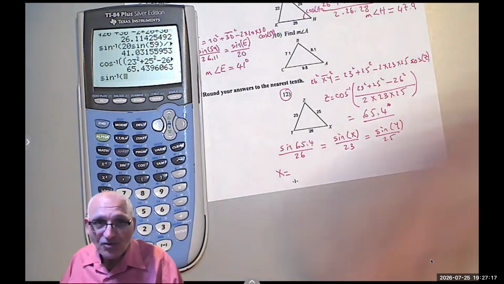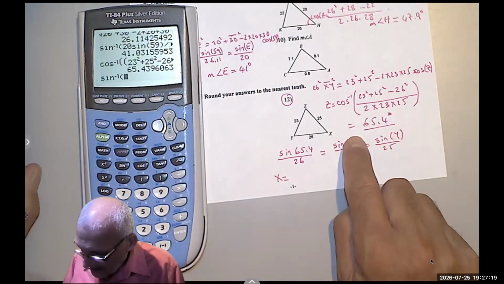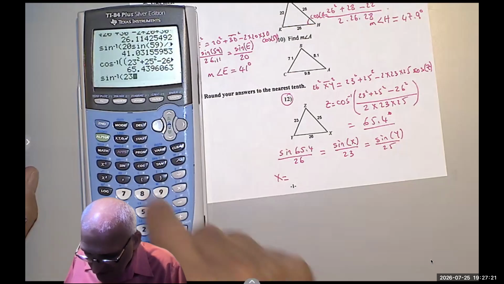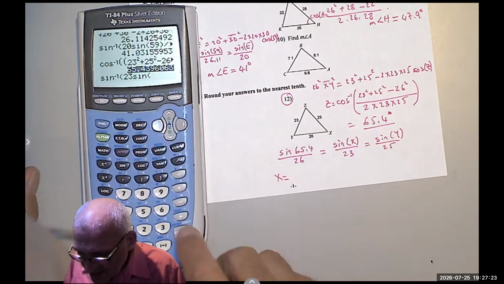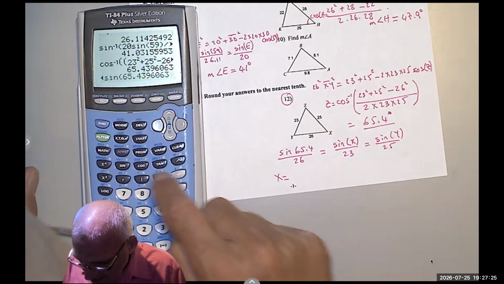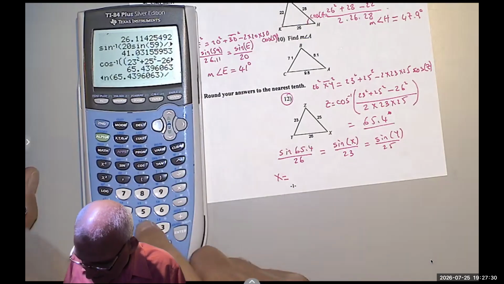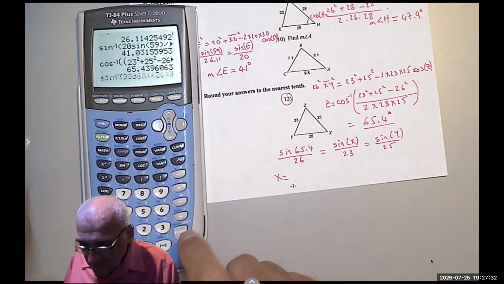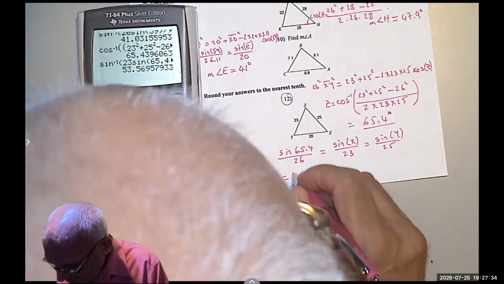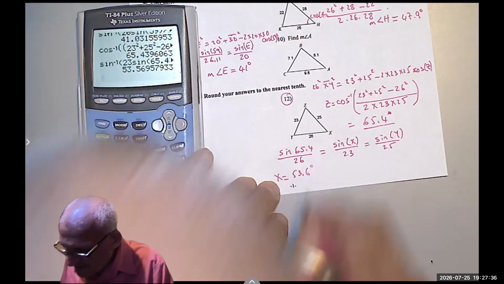I can do either one, but I do x, okay? So it's 23 sine this angle over 26. So this is 53.6 degrees.